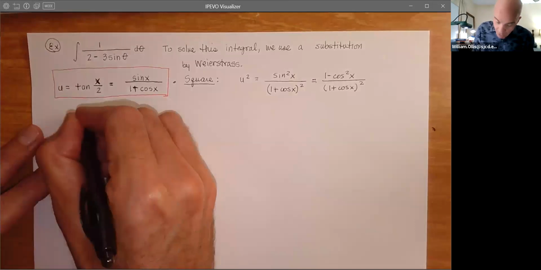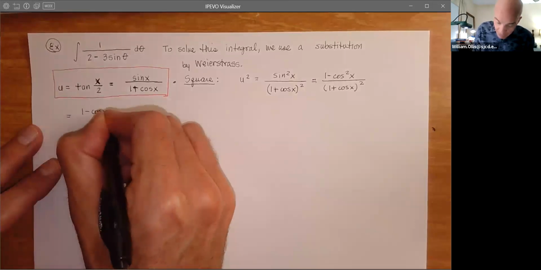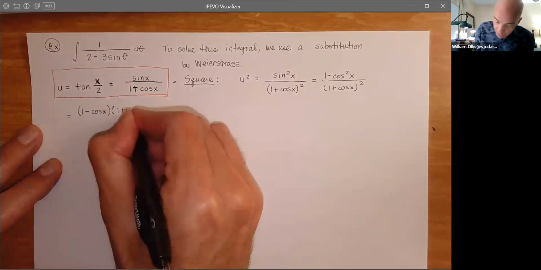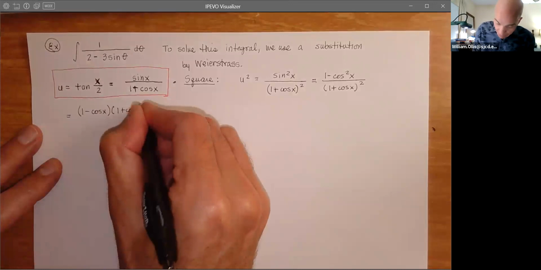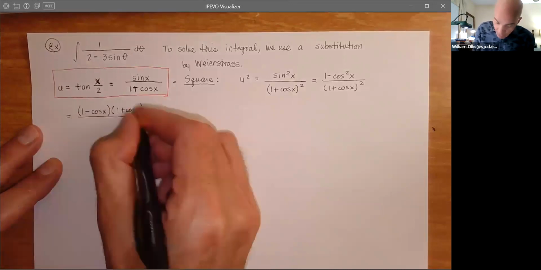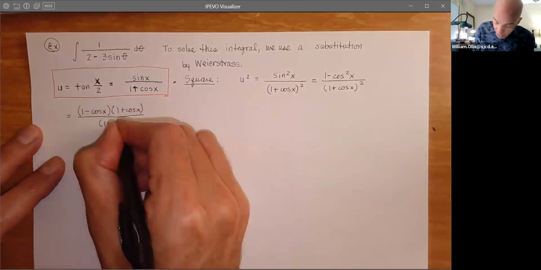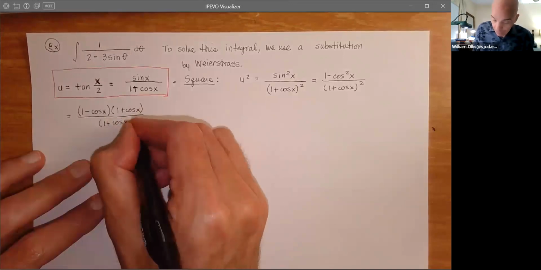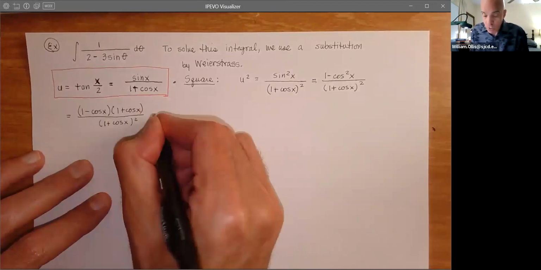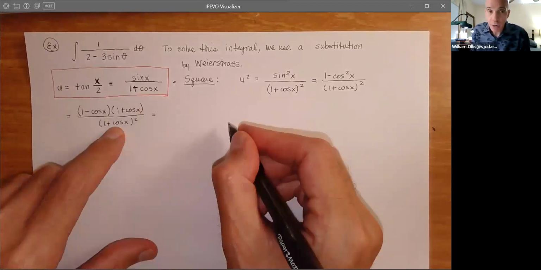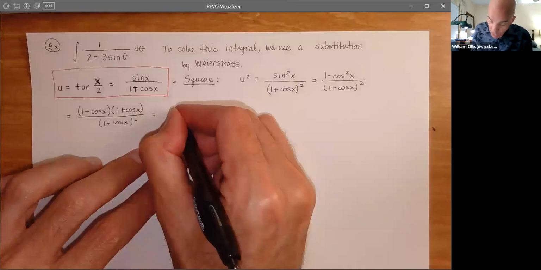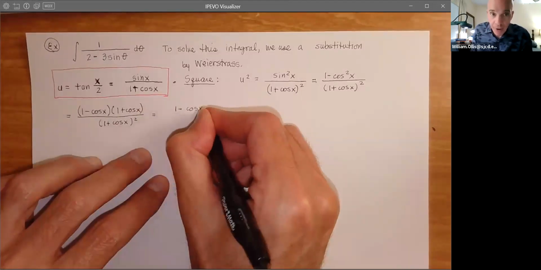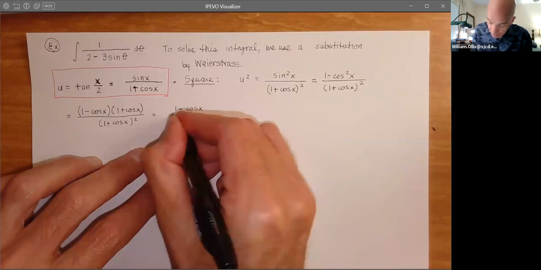So we have 1 minus cosine x times 1 plus cosine x, just basic factoring, over 1 plus cosine x quantity squared. Now we can retire one of the 1 plus cosine x factors. And so this will give us 1 minus cosine x divided by 1 plus cosine x.